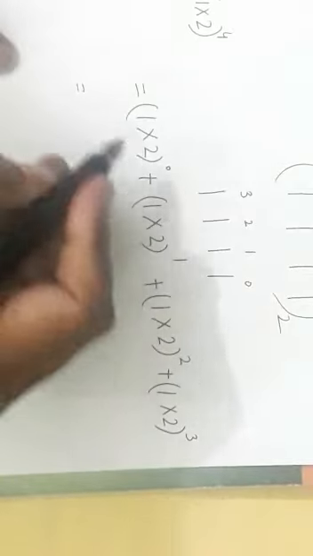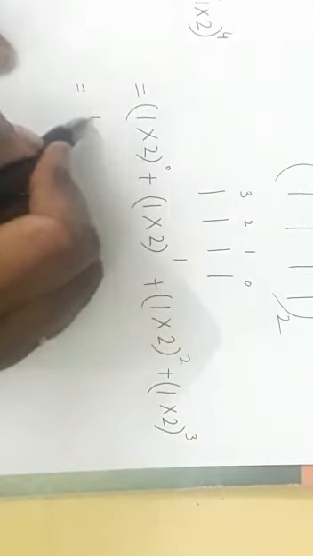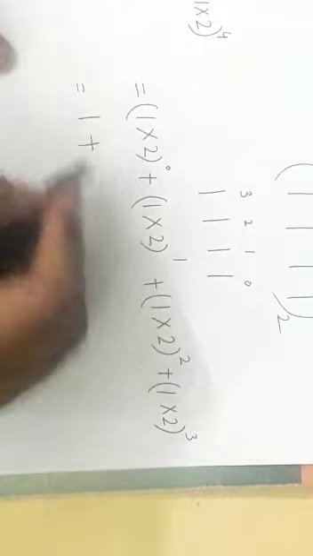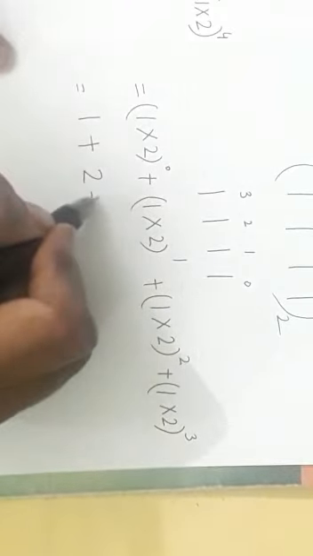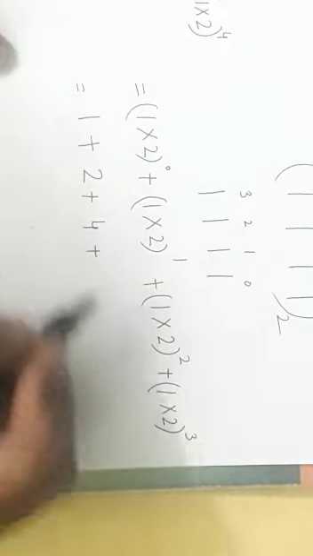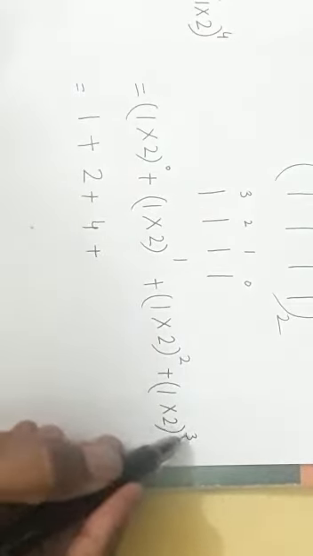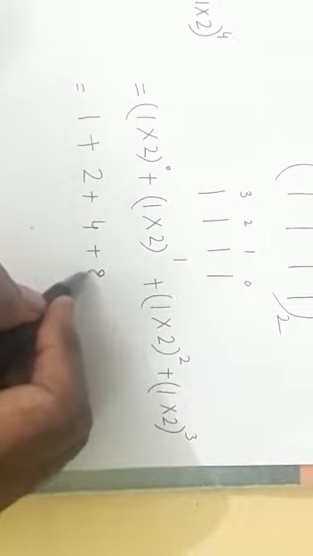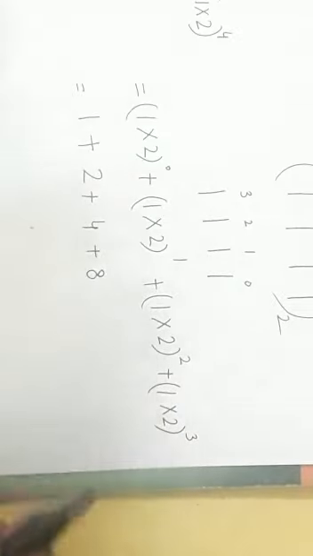Let us solve. Then it will become 1. Then this is 2. Then here 2 twos are 4. Then 2 power 3 is equal to 8.